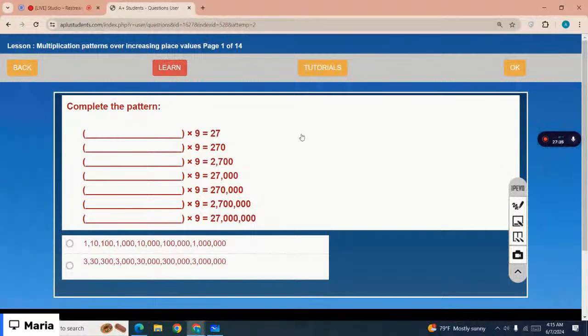So yes, all the missing numbers are, no, just first one is 3, right? Because here you don't have any 0. Then you have 9 times 30 because you have 1 zero here. So there must be 1 zero with 3, right?